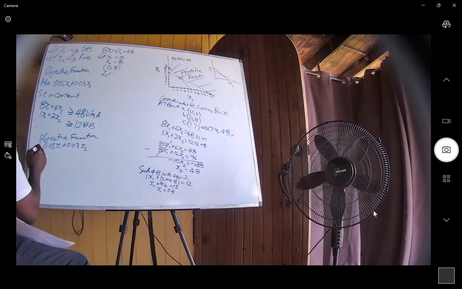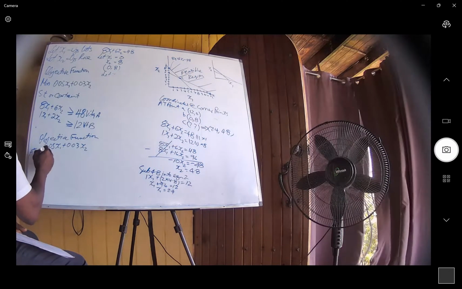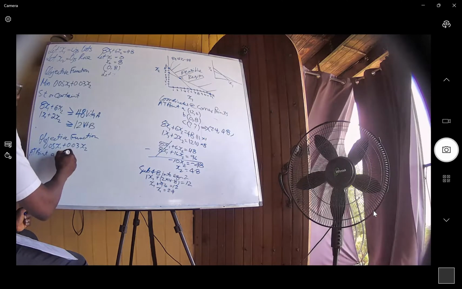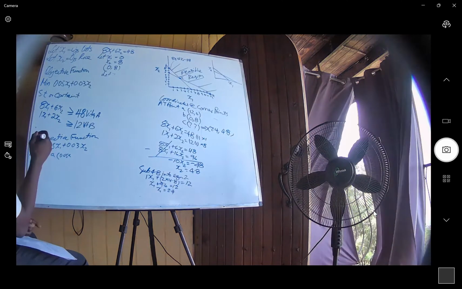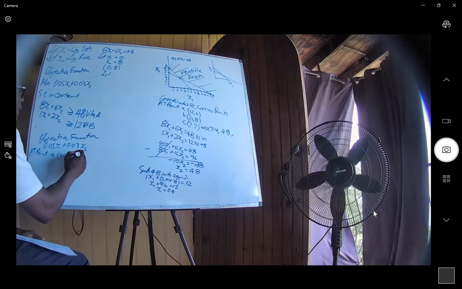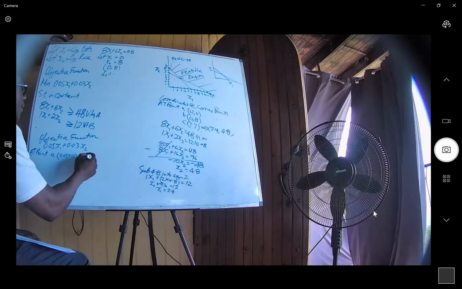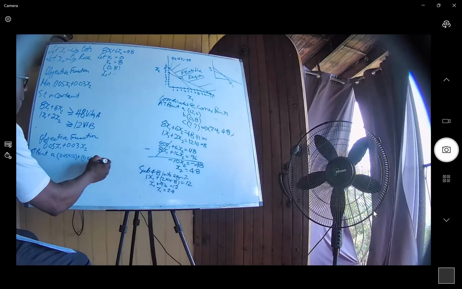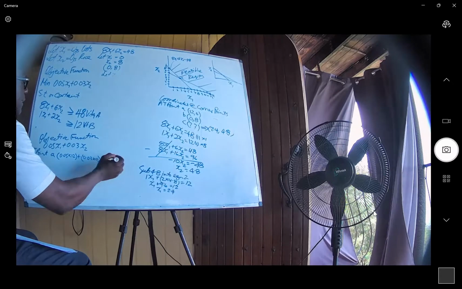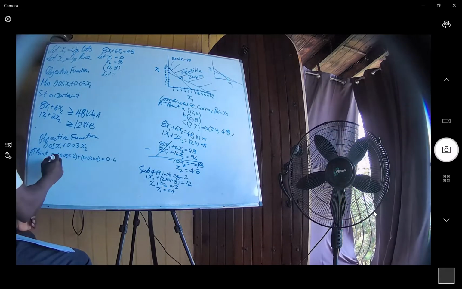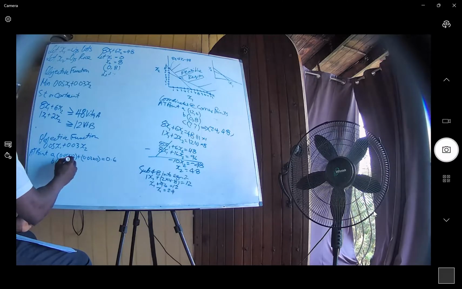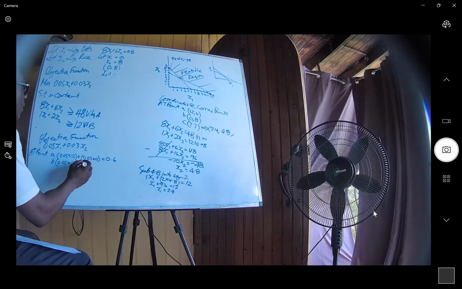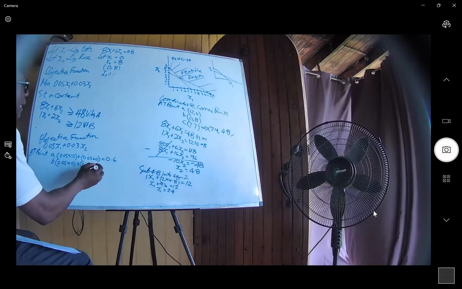So at point A, it's going to be 0.05 times 12 plus 0.03 times 0. That's going to give me 0.6, right? At point B, it's going to be 0.05 times what's B? 0 plus 0.03 times 8.